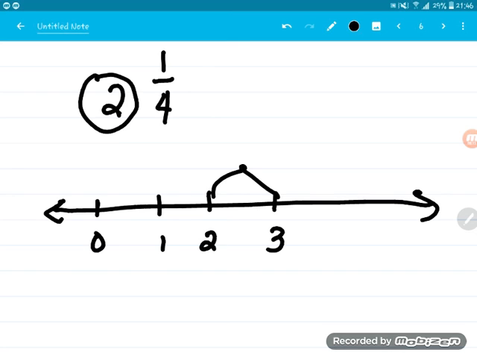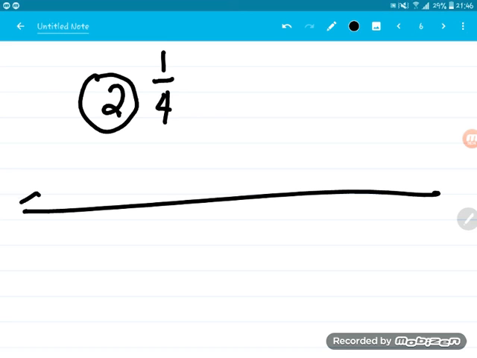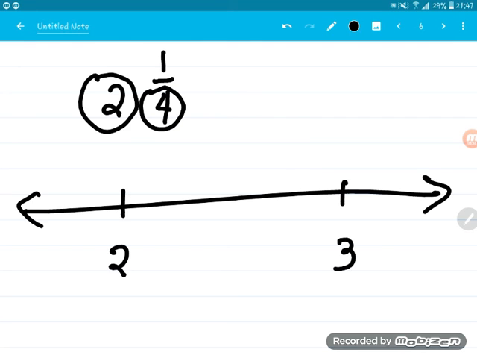So let us draw this again in a bigger manner. Okay, so 2 and 1/4 is just in between 2 and 3. So the denominator tells us the number of parts we have in a whole. So meaning we have 4 parts.